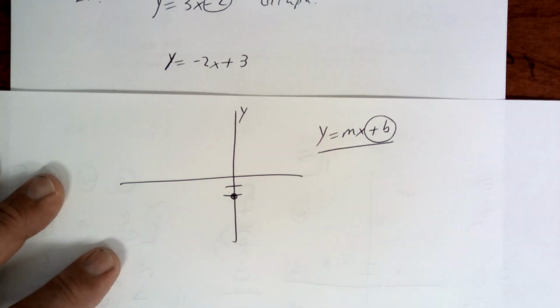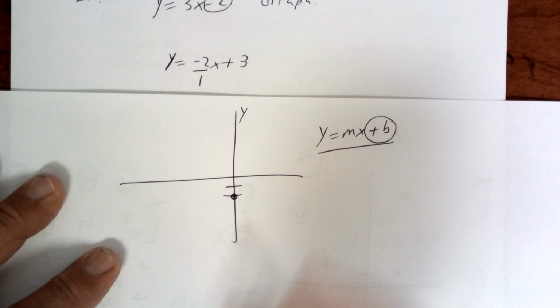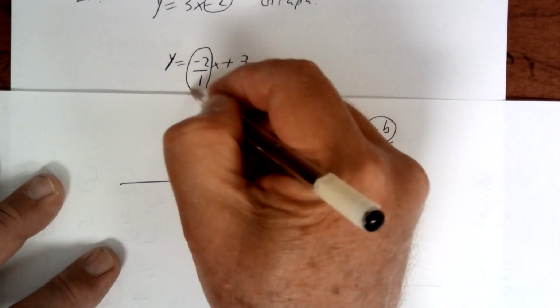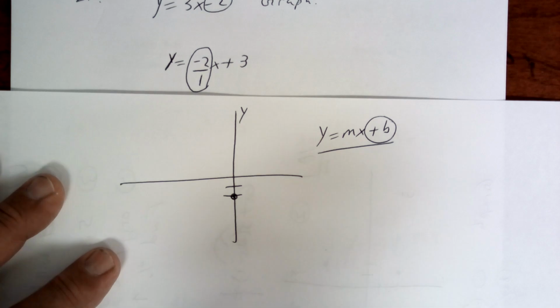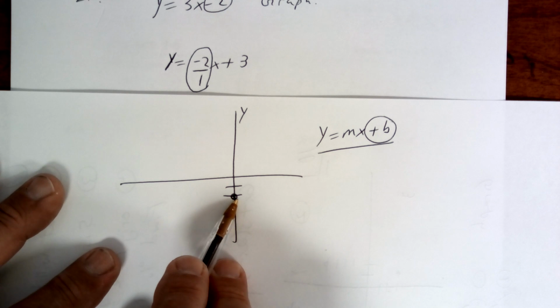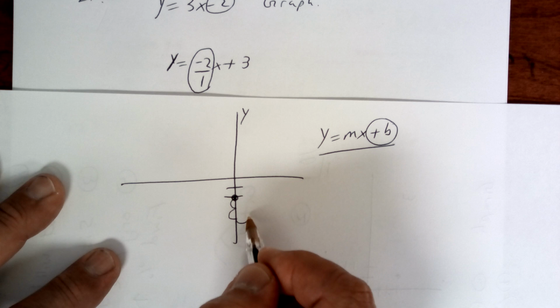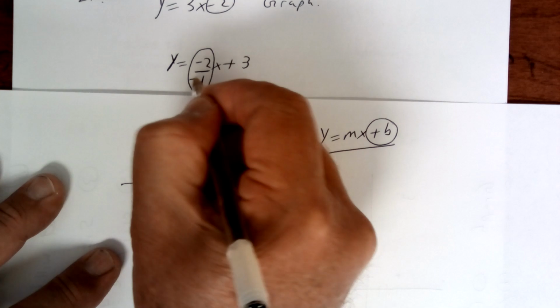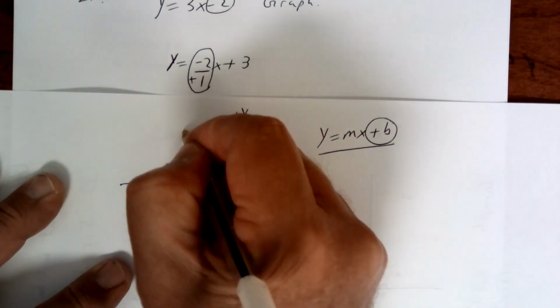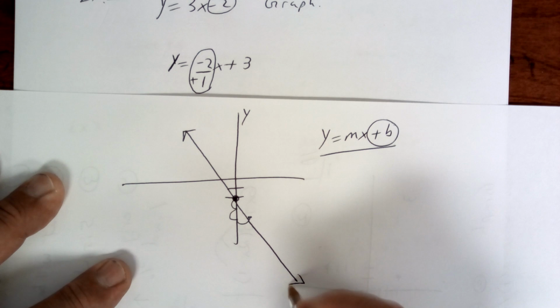Your slope, put a 1 under here, is right here. So you're going to go down 2 from this point. So down 2, and then to the right 1. You go to the right 1 because it's positive. And that line looks like that. And that's what you're doing today.